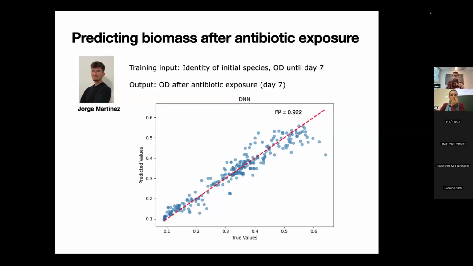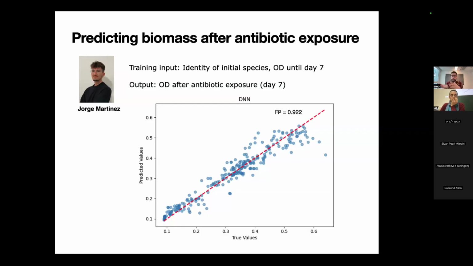So here we are each time leaving one out and trying to predict what the response will be. So somehow, just in this initial set of species, we can capture some patterns that might drive how they react to antibiotics.